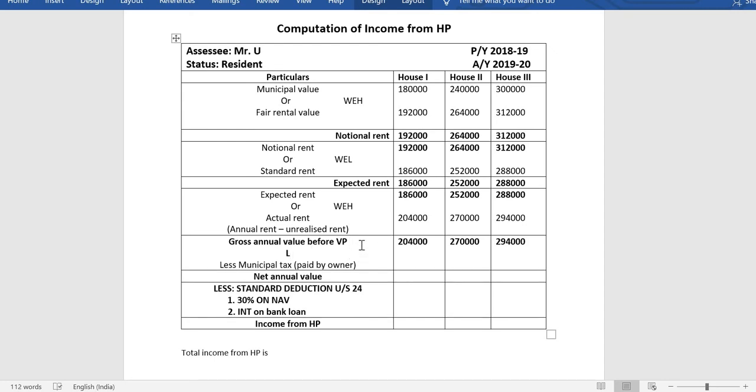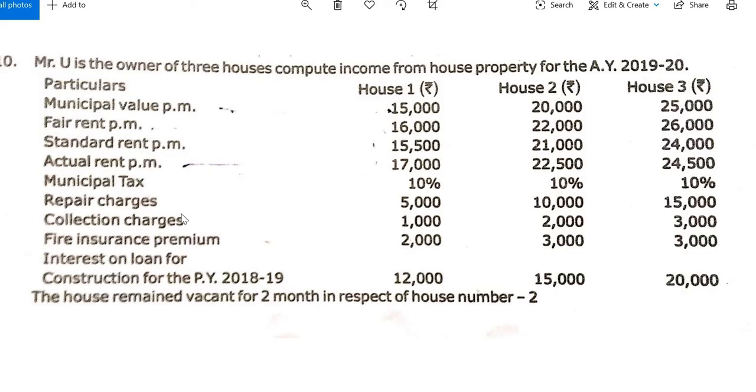So, less vacancy period. For house 1, it is not given, correct? For house 2, it is given as 2 months. So in this case, you need to find out the actual rent for a month for house 2.